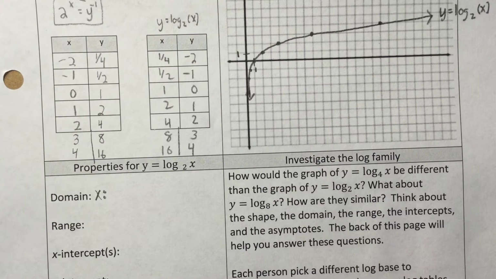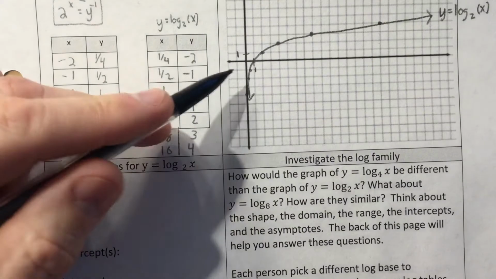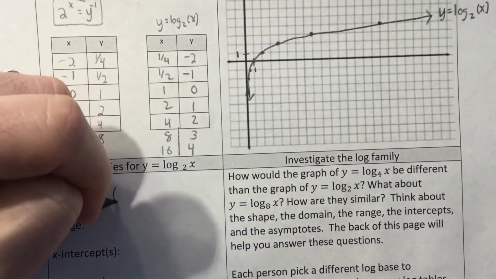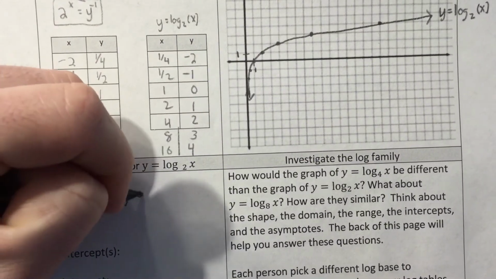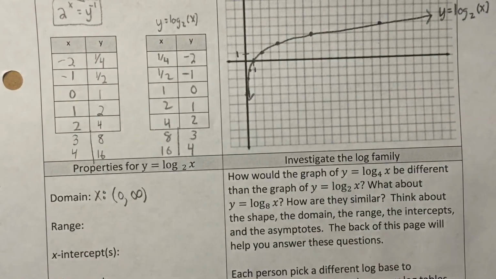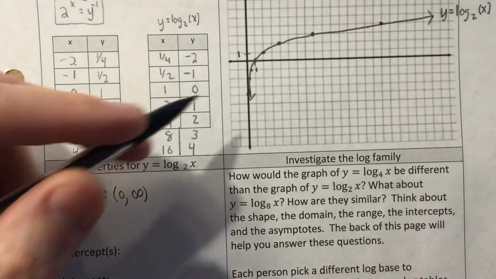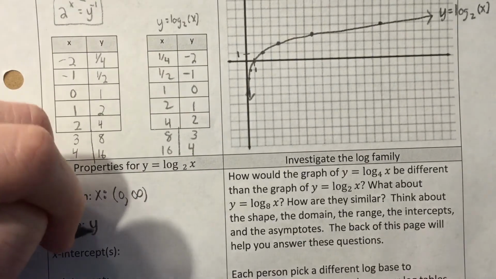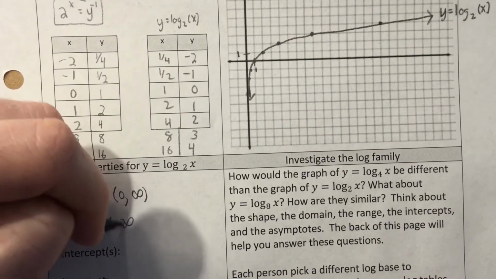So if the one has an asymptote on the x-axis, the inverse will have an asymptote on the y-axis. So it's getting really, really close to an x value of 0, but not touching it. So I'm putting a parenthesis with 0, and then it will keep going on forever to the right. For the range, it is going to go down forever and up forever, so it will be all real numbers, or -infinity to infinity.